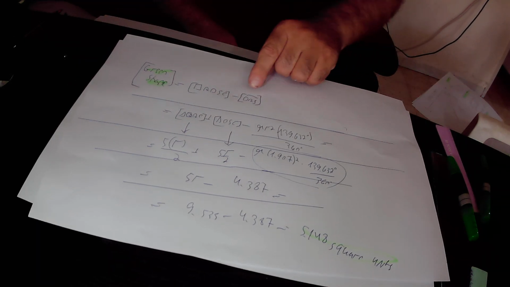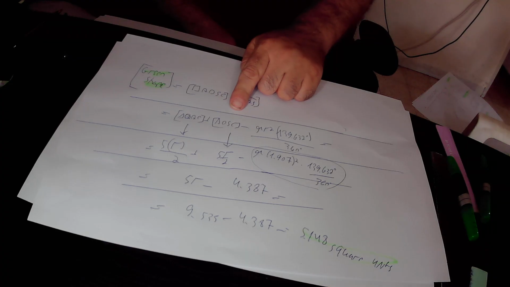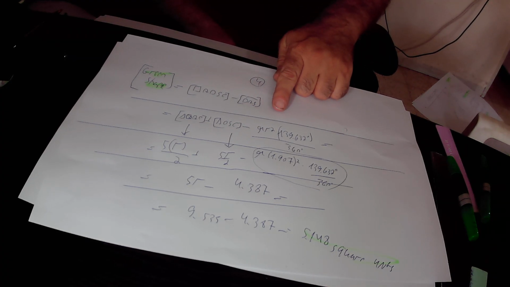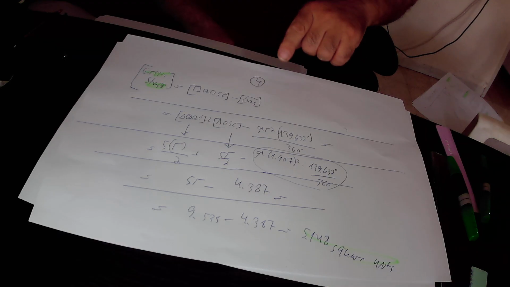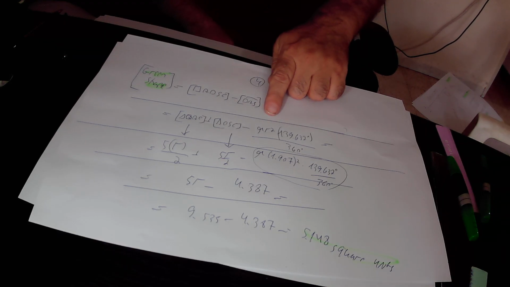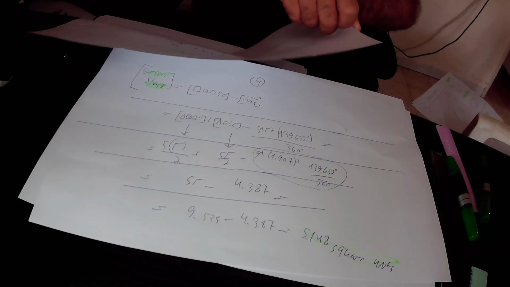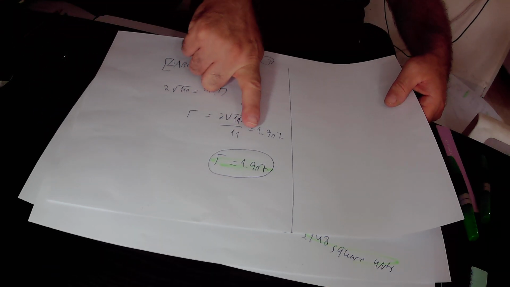Therefore, the area of OSC also equals 5R over 2, minus the area of sector OSQ, that is equal to this expression. We already found out that R equals 1.907.